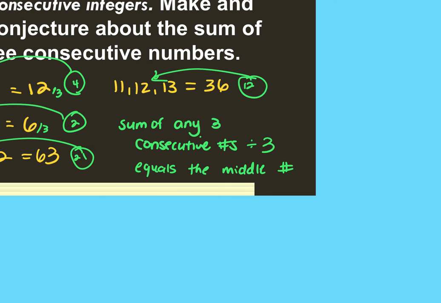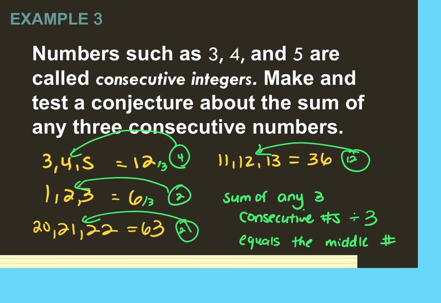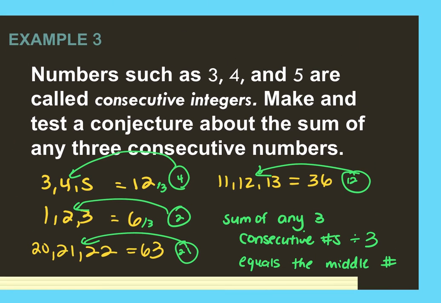So the sum of any 3 consecutive numbers divided by 3 equals the middle number. Questions on that one? So even though they were all divisible by 3, that was a good observation, there was a more specific observation.